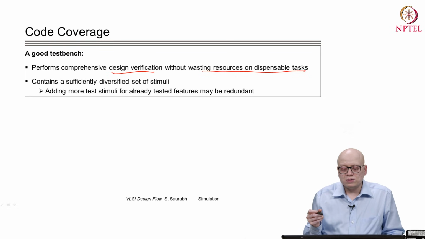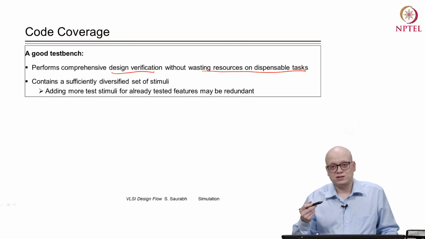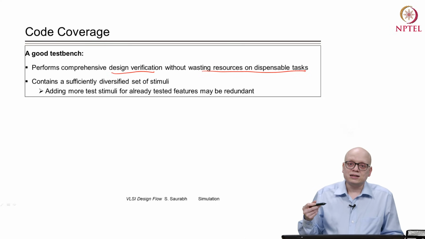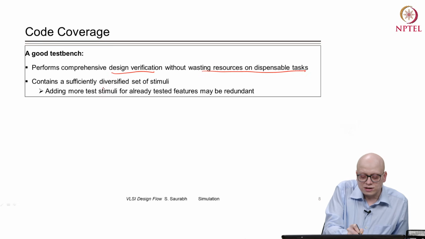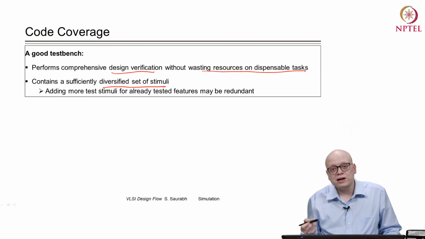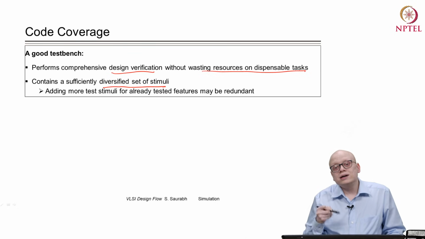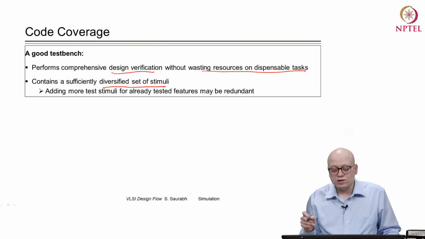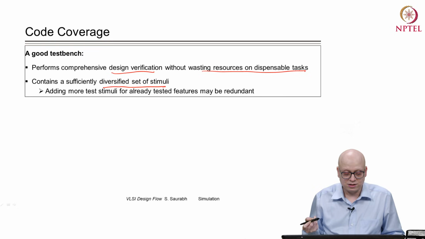So, just creating lots of stimulus is not helpful when we create a test bench. The test bench should have a diversified set of stimuli. Why do we want a diversified set? Because adding more test stimuli to already tested features is redundant and may only waste resources in terms of run time and effort, right.